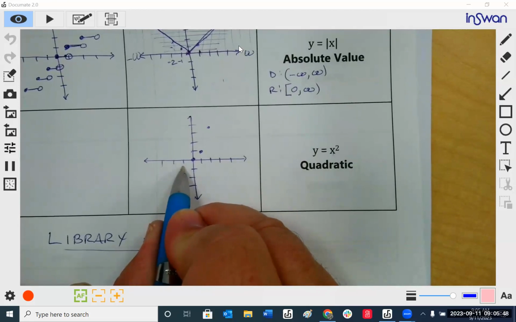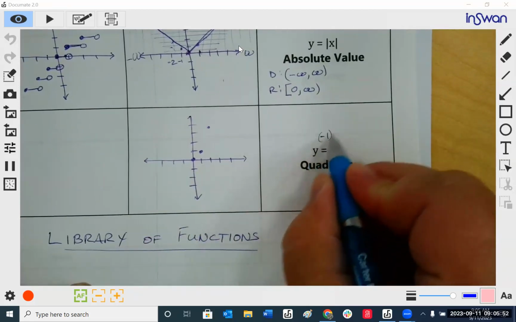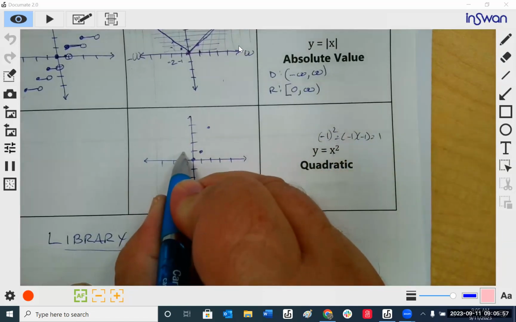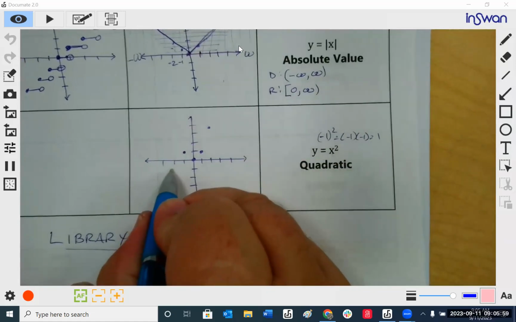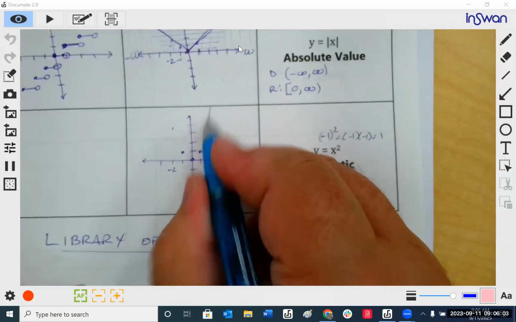Negative 1 squared is negative 1 times negative 1, which is positive 1. Negative 2.